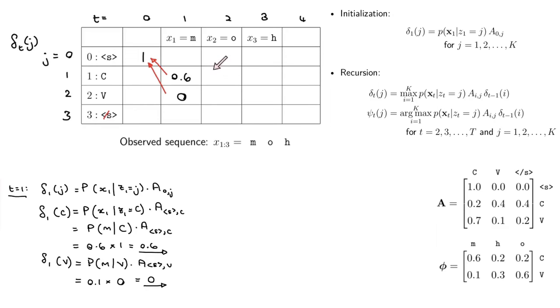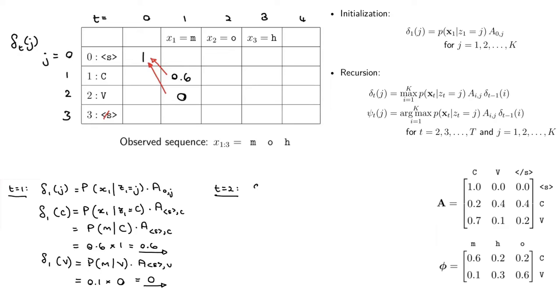So let's look at this step here. We look at time step 2, and we're considering being in a consonant in time step 2. Now you need to go and look up, because now the Viterbi process changes a little bit, right? Because now we're in the recursive part, where we're using previous deltas in order to consider the current delta, okay?